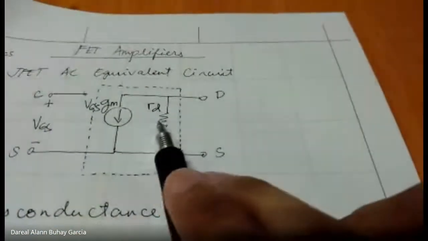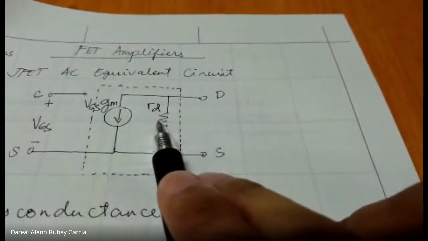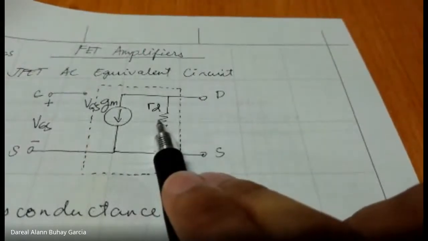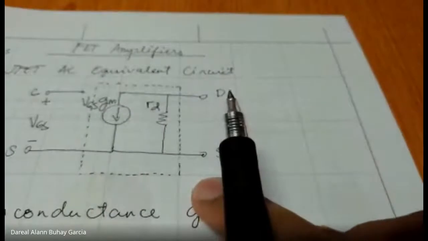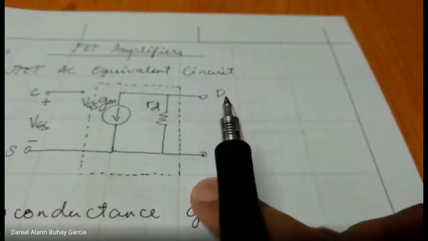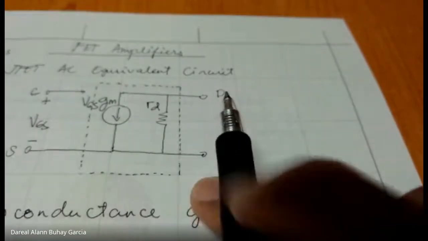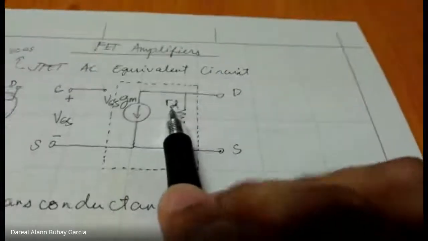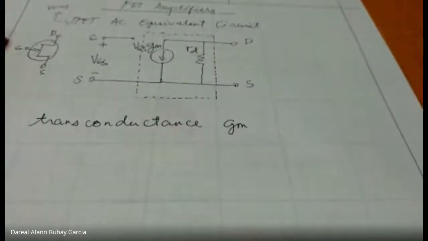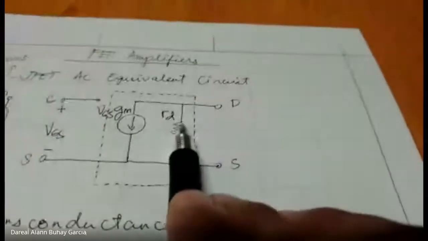We call this resistor rd. In the BJT it was ro, and in the FET it is rd. Again, it is also found in the specs, rd.